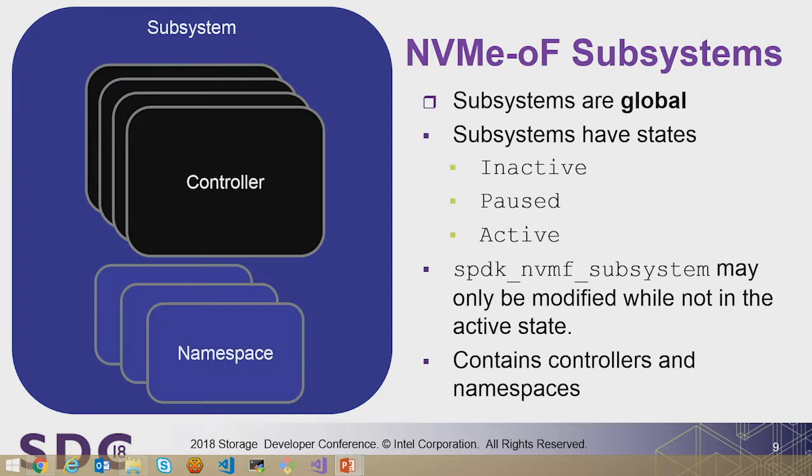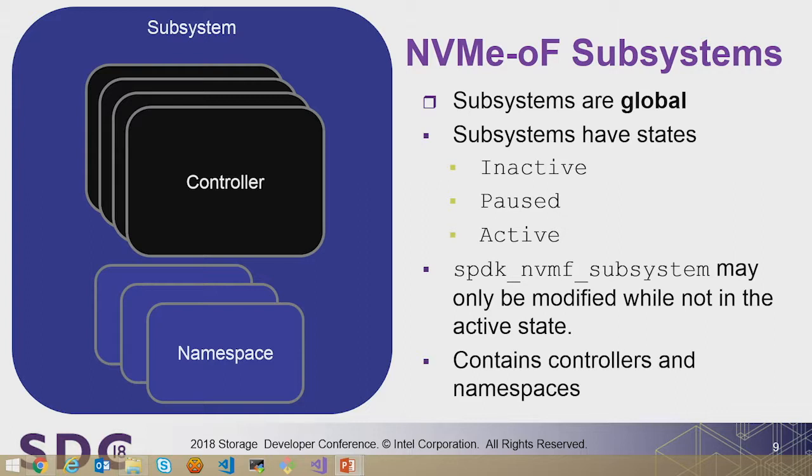But none of those commands are doing real things to a real device. It's entirely emulated. The only reason it's modeled that way is so that you can write one driver on the client side and have it work whether it's RDMA or PCIe, et cetera. But controllers in NVMe-oF are not real, physical pieces of hardware. It is just a network session. We create them and destroy them as we need them.